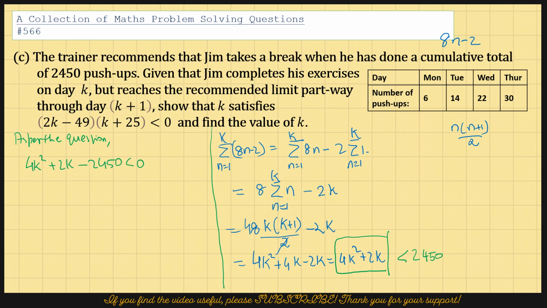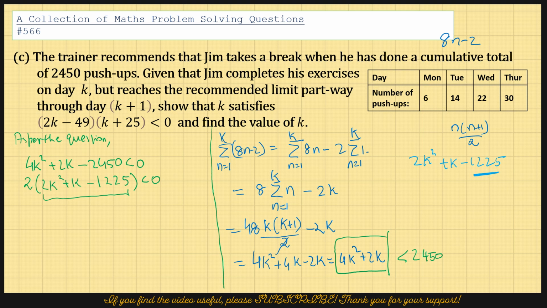If I take 2 outside the bracket, I can say 2 times 2k squared plus k minus 1225 is less than 0. So this is the term that I need to find the solution of. We work it out on the side: 2k squared plus k minus 1225.